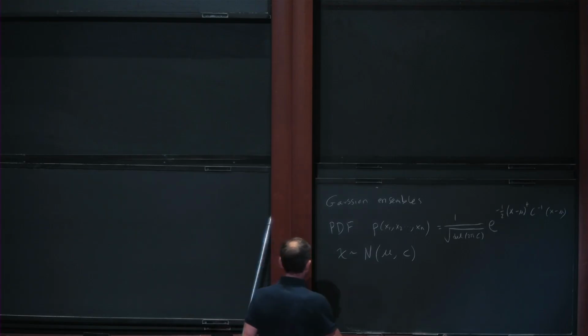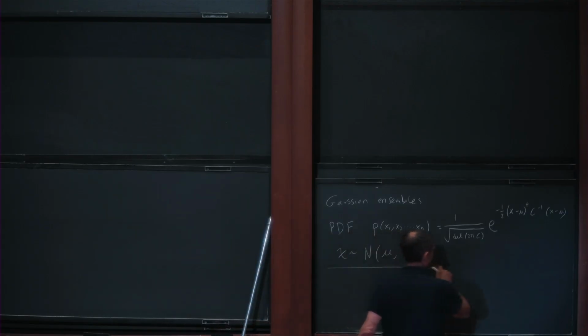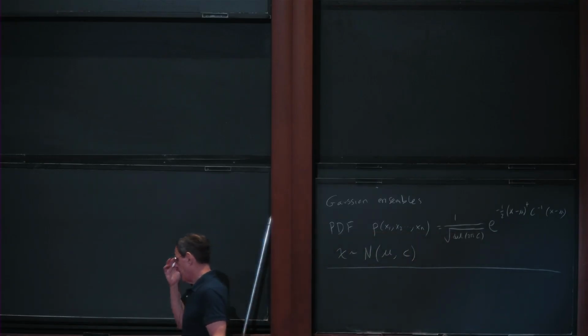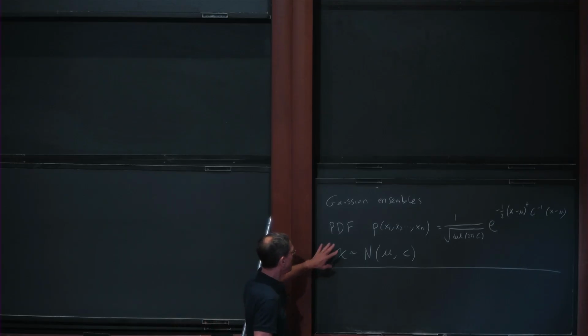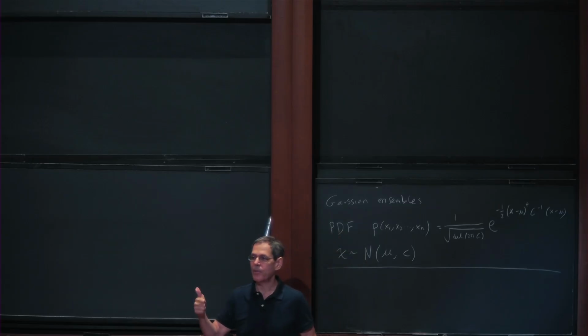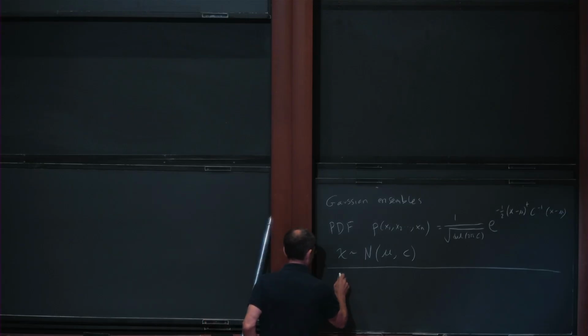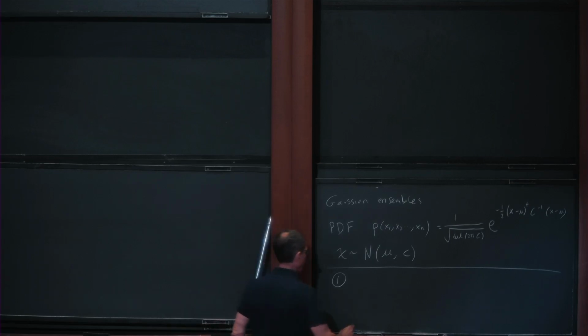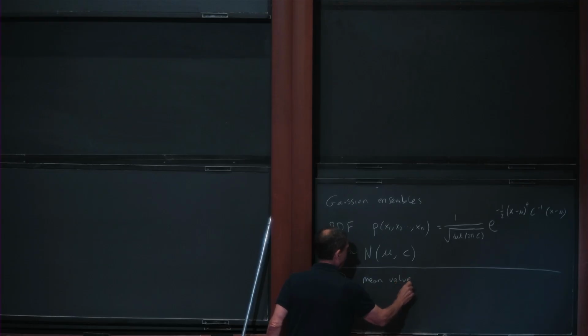There's another way of doing it. And actually, for what I'm going to do, that's preferable. And that's the following. You say that the distribution, a Gaussian, can be completely defined by the following 3 properties. First, you tell me what the mean is. By the way, for this distribution, that mean value is called mu.